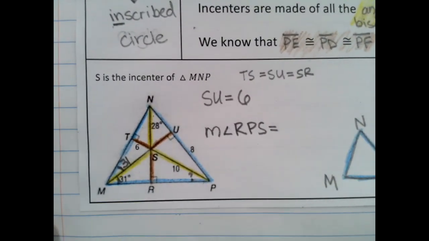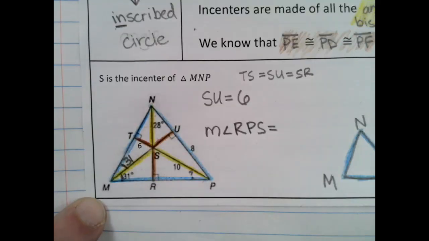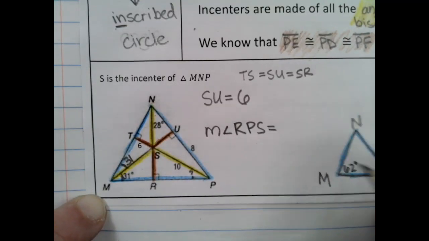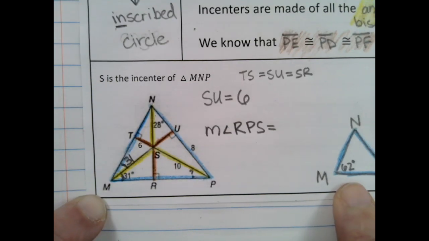Sorry, that's hard to read. That says 31. So then how much is the overall angle at M together? 62. So at angle M, I'm going to put 62 there.